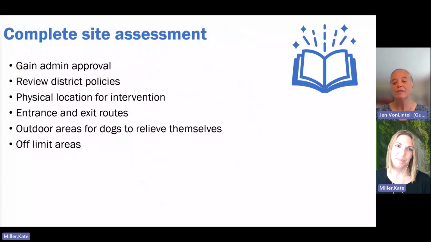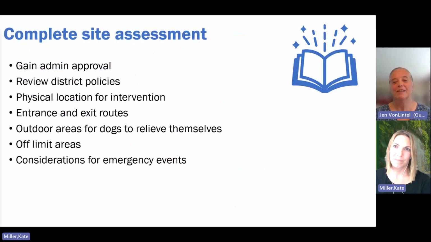So if you do have students that have aversions or allergies, you may be talking with their families, and their families may say, you know what, I don't want a dog in the classroom. So that would be an off-limit area. If you're serving lunch, then that would be a good off-limit area. So have your volunteers know which areas in your school are off-limits.